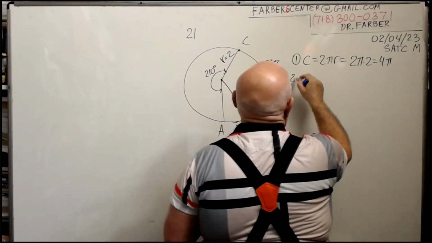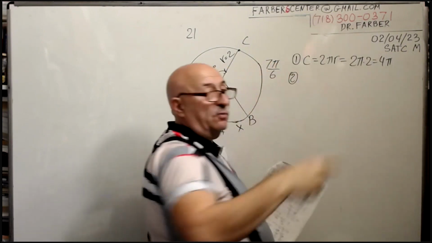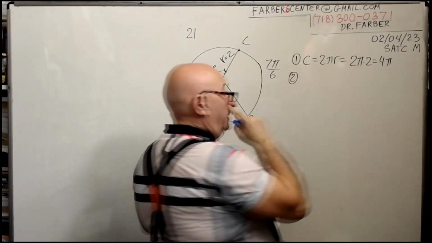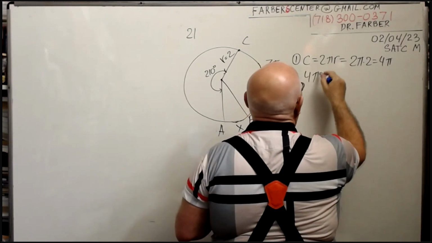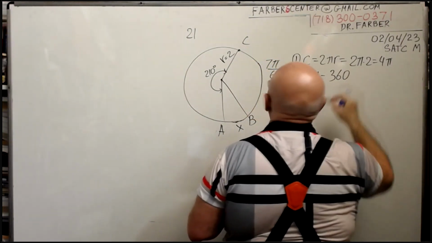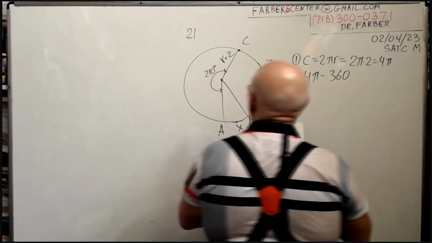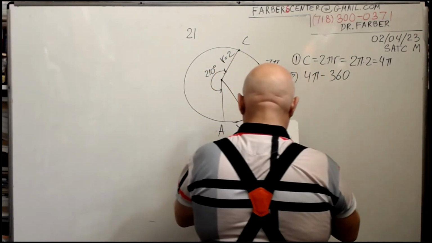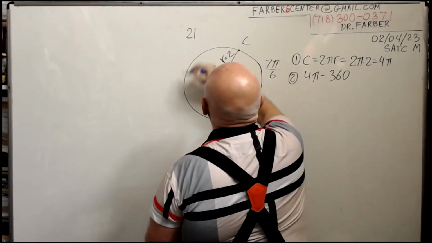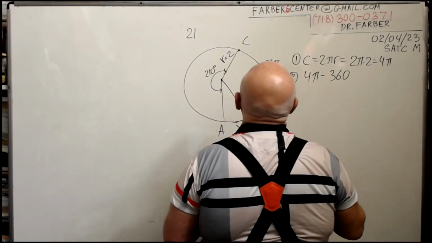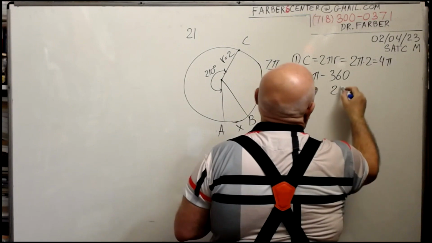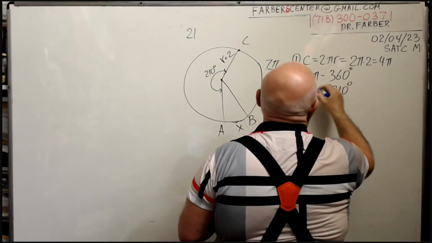You know this 4 pi, our circumference is 360 degrees, right? You can make a proportion. 4 pi is 360. And 210, yeah, they say 210, this large part, AC.